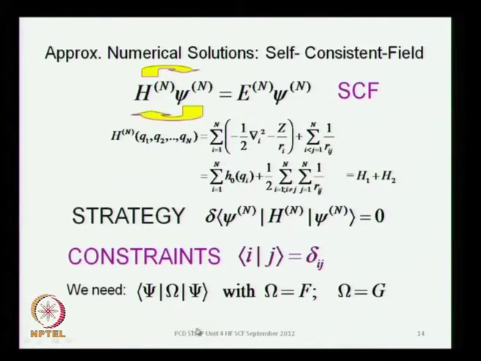And you need to determine the expectation value of these two operators, the 1 electron operator and the 2 electron operator, and then seek a variation. So, we first have to learn how you are going to develop a formal structure of the expectation value of this 1 electron operator and the 2 electron operator. So, this is going to be the first step in making progress on this problem.